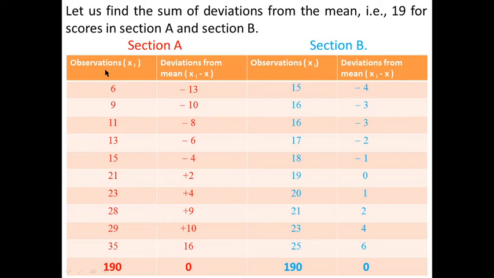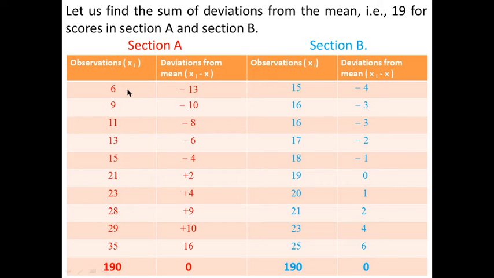The mean deviation means deviation from the mean. The observations minus the mean. Your mean is 19. That means 6 minus 19 is equal to minus 13.